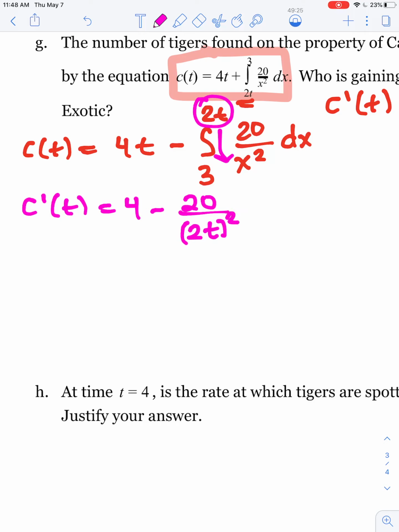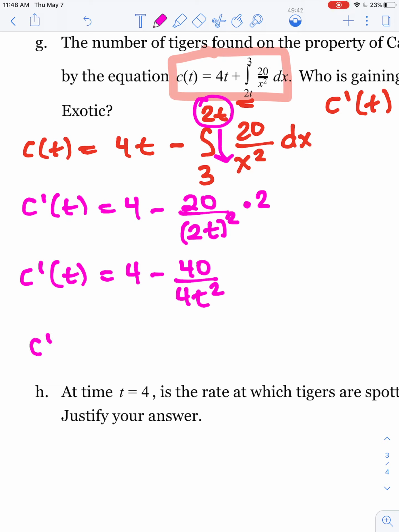We have to multiply by the derivative of 2t, which is 2. Okay, so this will give me c prime of t equals 4 minus, it looks like 20 times 2 is 40 over 4t squared. This simplifies a bit more to be c prime of t equals 4 minus 10 over t squared.